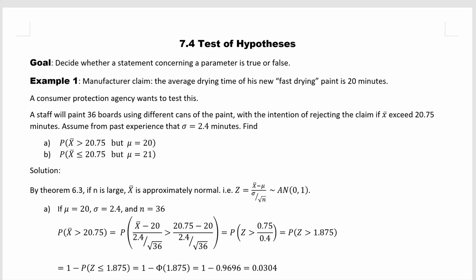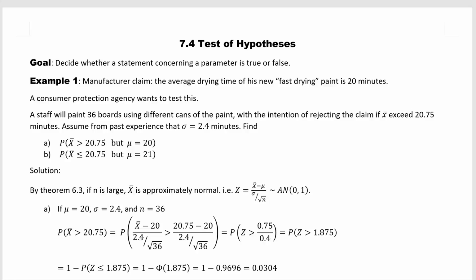Find part A, the probability of the sample mean greater than 20.75, but our population mean is 20. Part B, find the probability of the sample mean less than or equal to 20.75, but our population mean is 21. What does this mean?